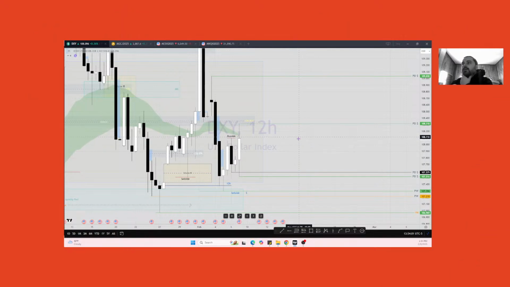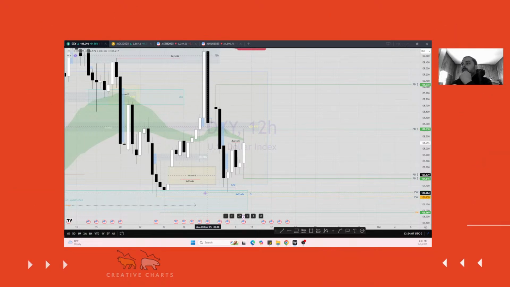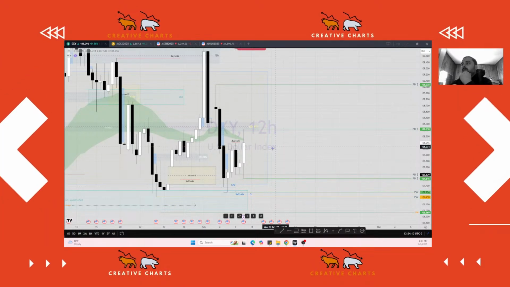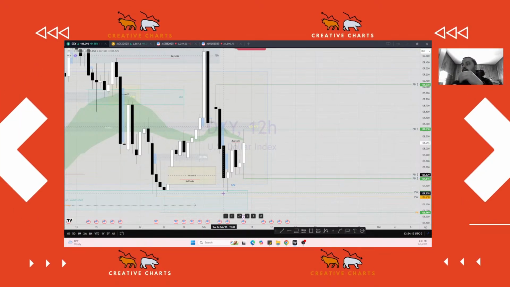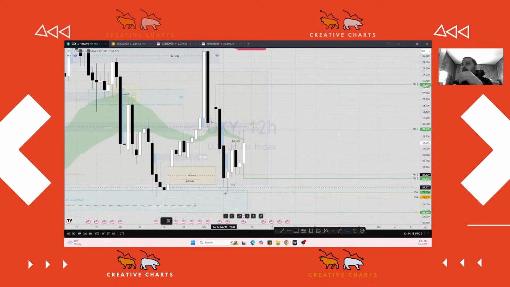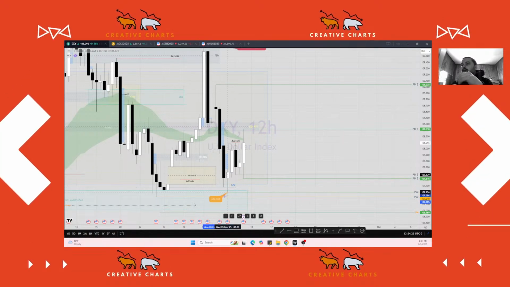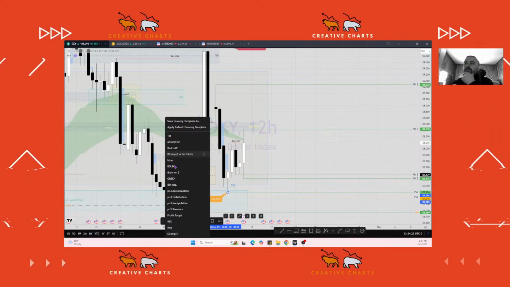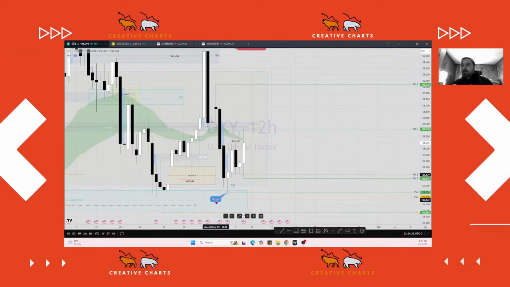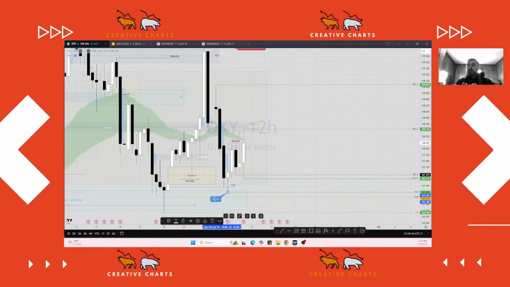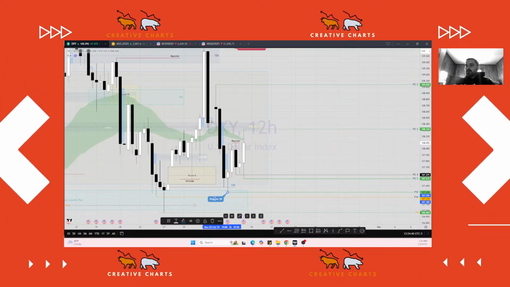So this is where it gets a little fishy. You have mitigation of this 12-hour order block, logical area. So mitigation of OB.